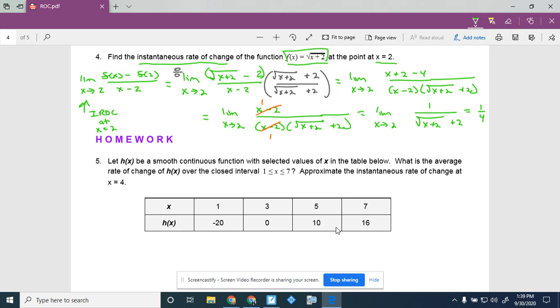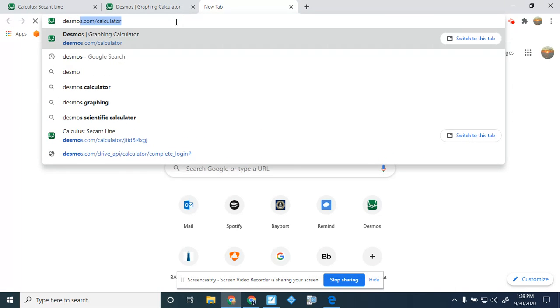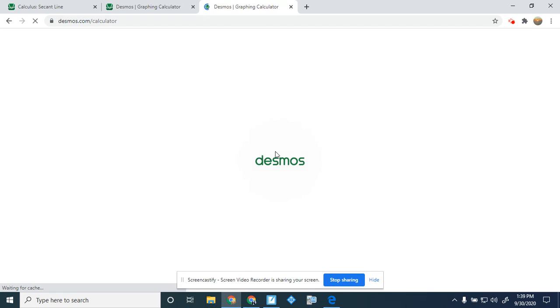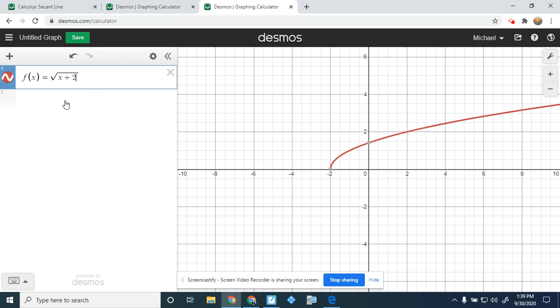Right? Not that this is necessary or did it ask us to do it, but for kicks and giggles, let's take a look here. So if I was to graph this guy, so let me pull up Desmos real quick. All right. If I was to graph this, so f of x equals radical x plus 2, right?